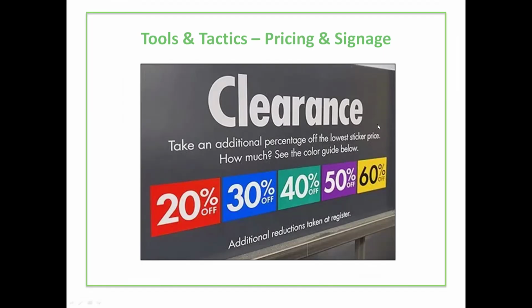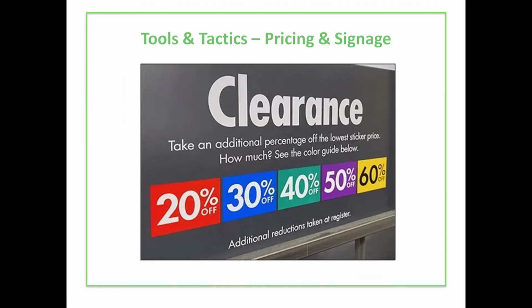And it's very interesting that this retailer has bookended the sale percentages with the good deal in red and then the smoking hot deal in yellow. So what's really interesting about this is, okay, so I need a color-coded map, hopefully I'm not colorblind, in order to shop this sale.